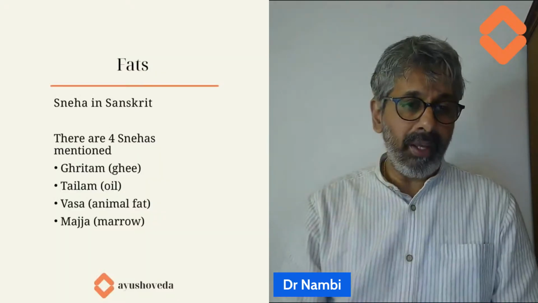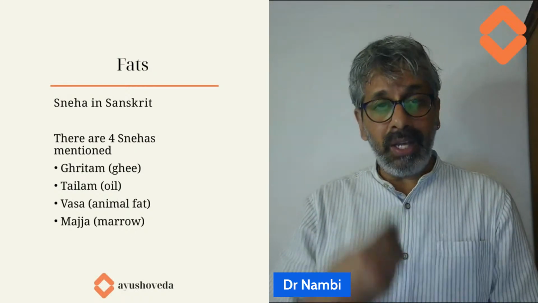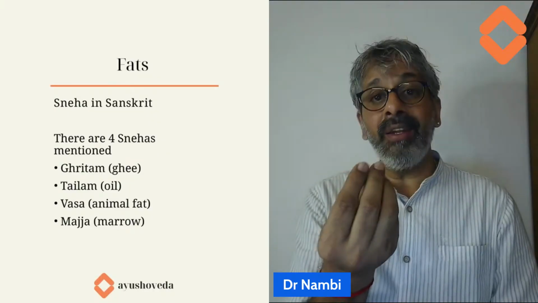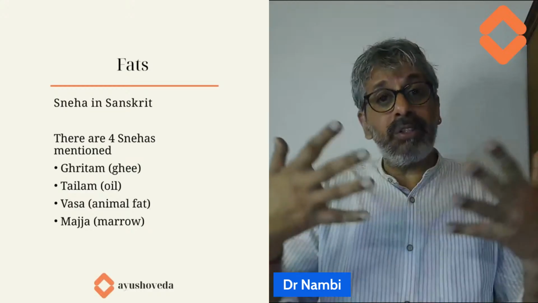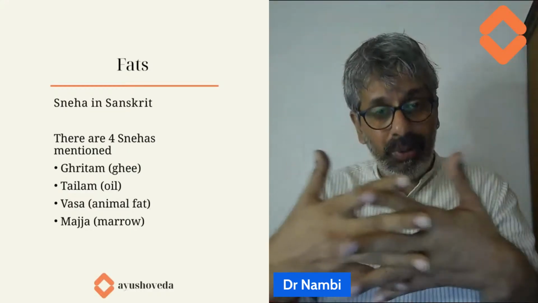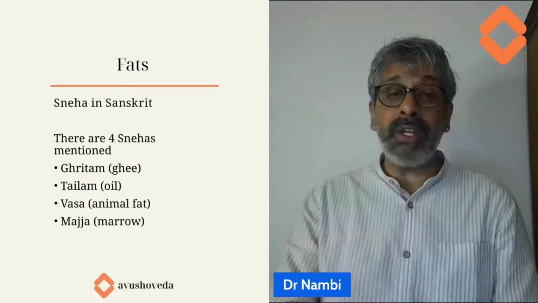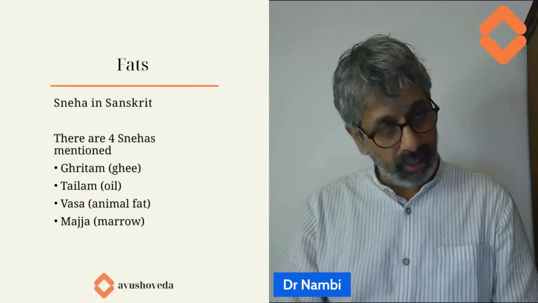Fats are called sneha in Sanskrit. Sneha is from snig, meaning that which can stick. When you say love, sneha, it's because your emotions stick to each other. That's why it's called snig. There are basically 4 snehas mentioned according to Ashtanga Hridaya, in Ayurveda.